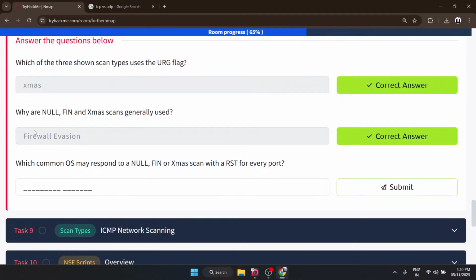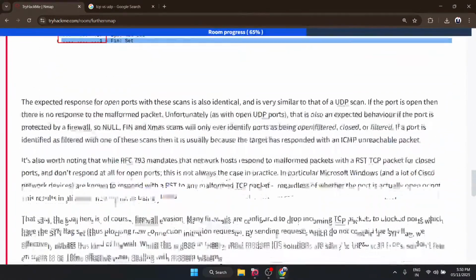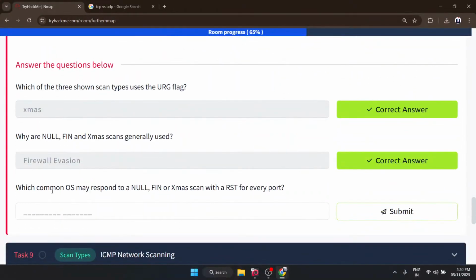So these scans are used for firewall evasion, and the common operating system that will respond to null, FIN, Xmas scans with a reset is your Windows system, Microsoft Windows.